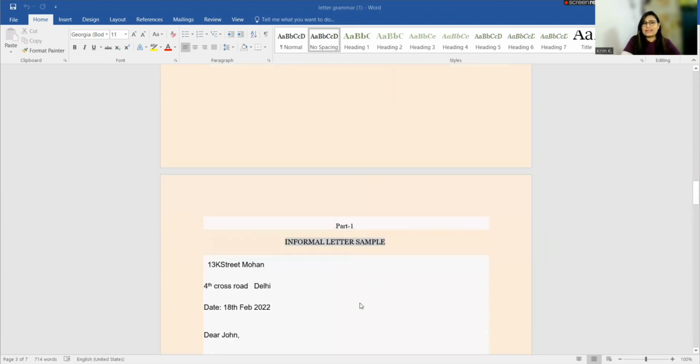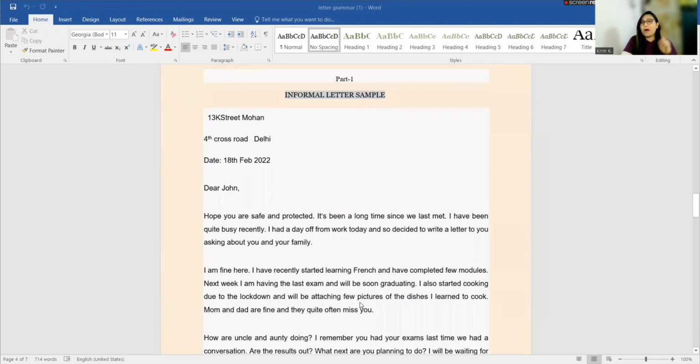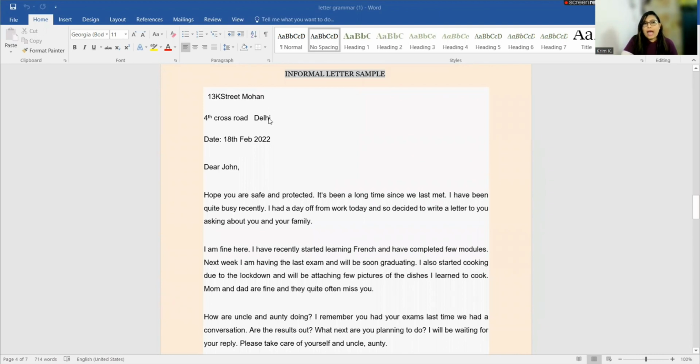Let's go to the second slide. This is the sample which I have written over here in part 1. Here we have to write our address and date, and after that, "Dear John," because you are going to write to a friend or a family member, so you have to put "Dear".